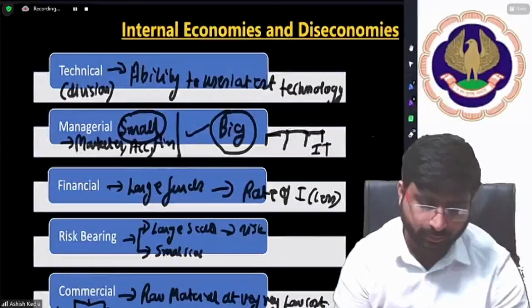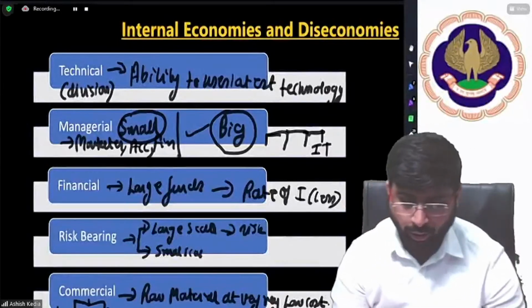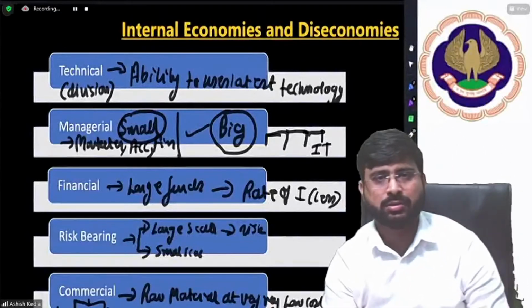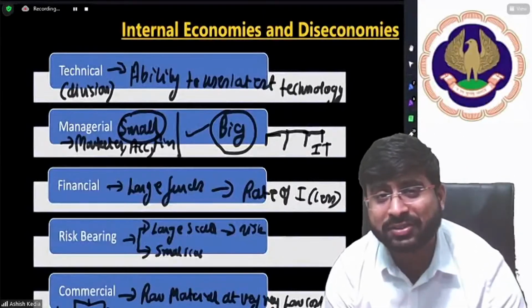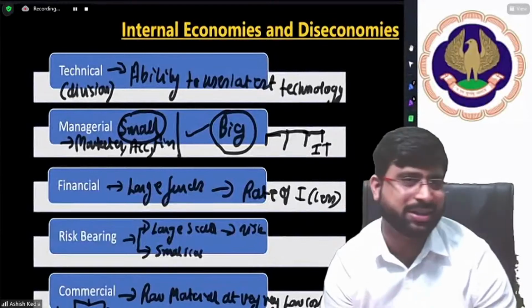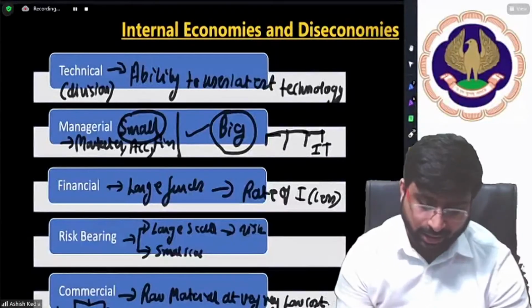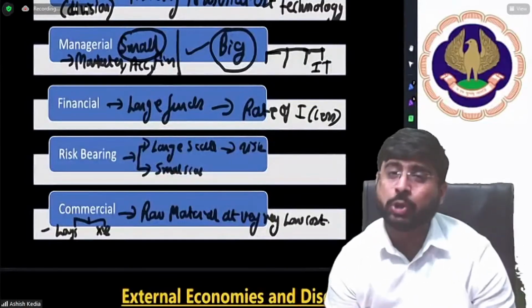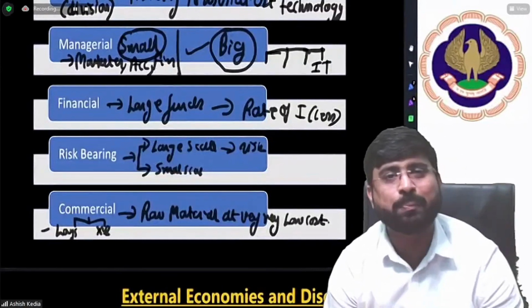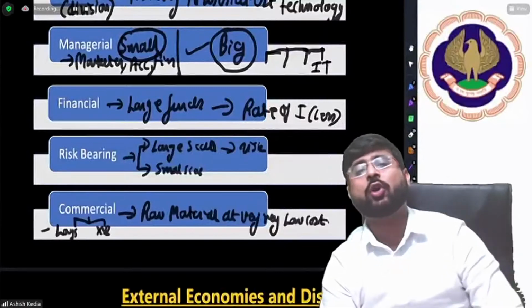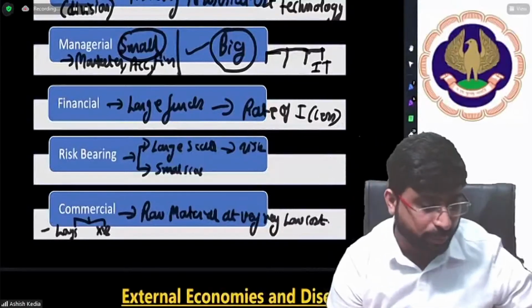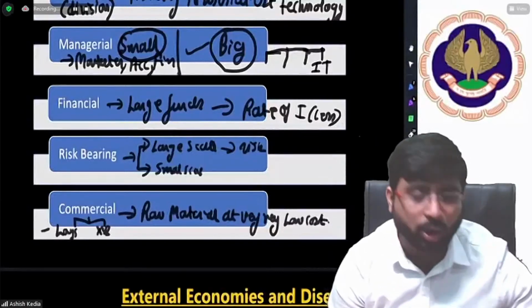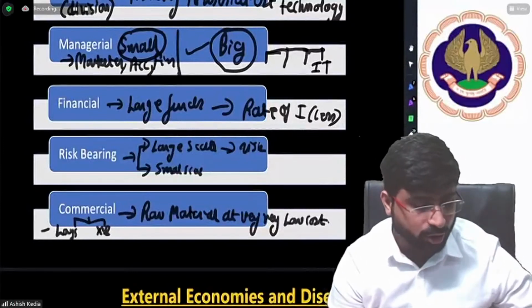Financial economy: large funds are required, so the rate of interest you can enjoy is lesser than the market rate of interest. Risk bearing capability is high. Commercial economies imply the ability to purchase raw material at a lower cost compared to competition. Why? Because we are operating on a larger scale, so our suppliers are ready to sell us at a smaller cost per unit.